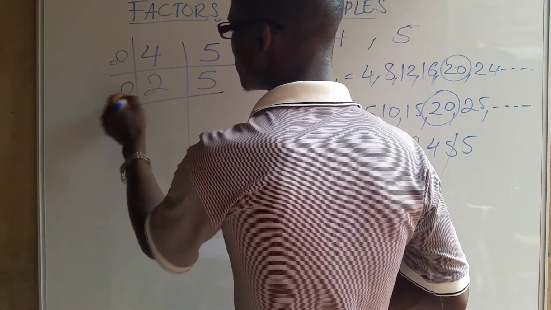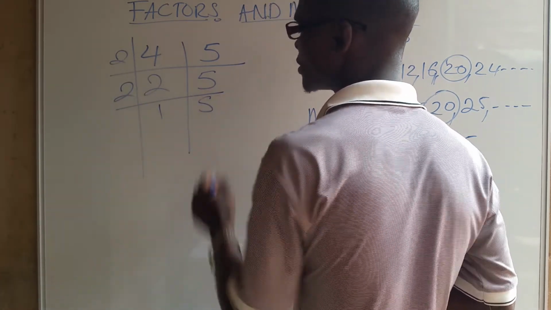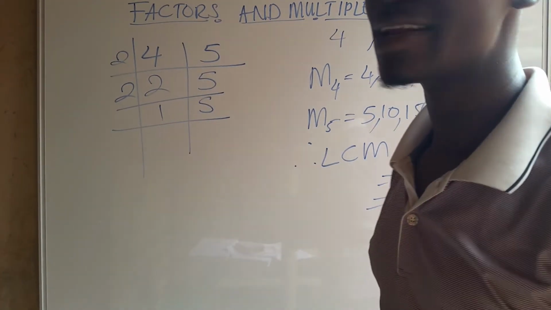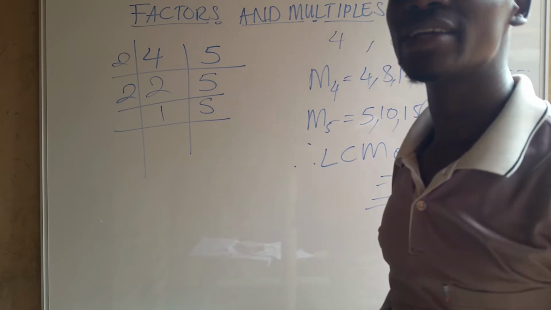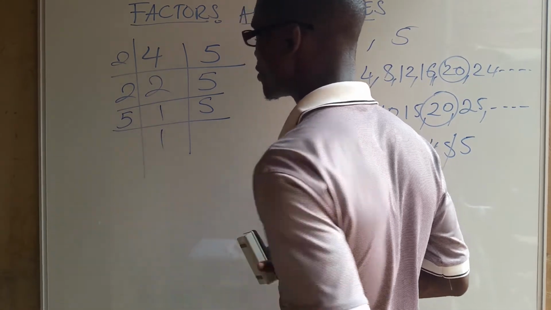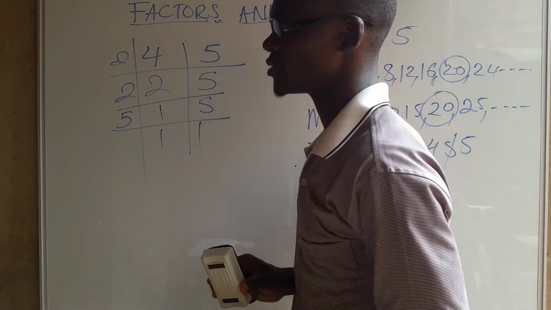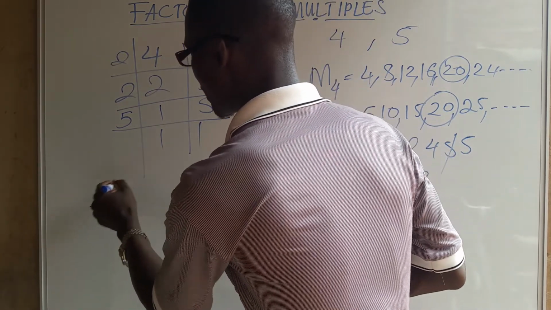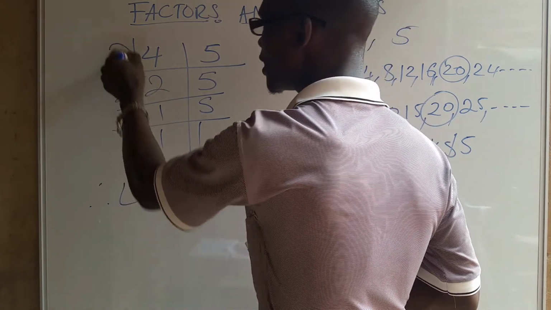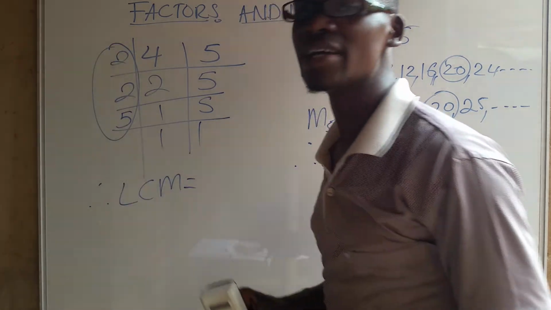Then by 2, we have 1, 5. So 5 itself is a prime factor. Therefore, it can only divide itself. Therefore, by 5, we have 1 already, and this makes the 1. Therefore, the LCM will be given by the product of the divisors.